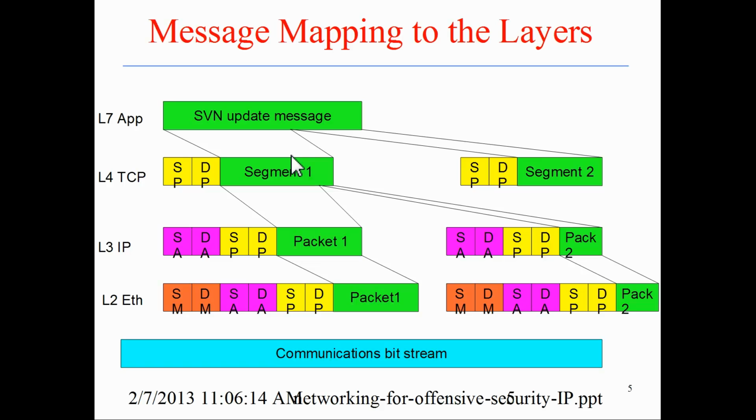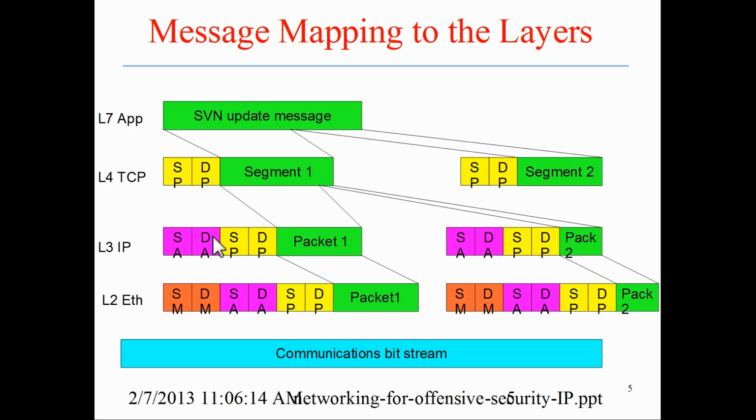To break down how messages are coordinated from the application layer all the way down, say we have an SVN message update, or if Git is your code versioning software of choice, a Git update message. Say it's a bit large, in which case TCP will segment it, and for each segment it will break the packet down and append a destination port and a source port and pass it along to the next layer, which is the IP layer in this case.